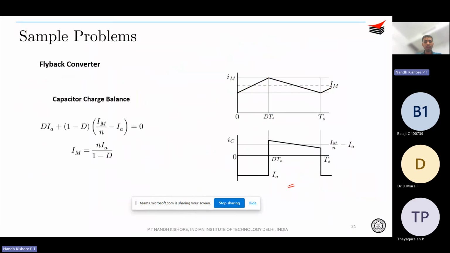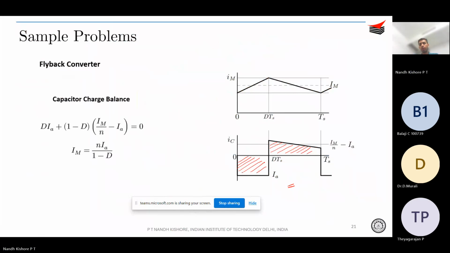So what you end up with is that the total charge should be equalized. Therefore, this area over here should be equal to this area. That is, the positive area and negative area should be the same. So that is why what is done over here is D times Ia is equal to (1 minus D) times (Im by N minus Ia).